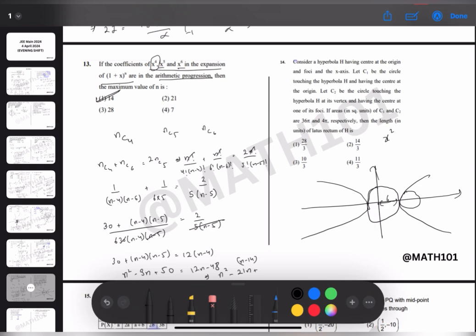The equation is x square by a square minus y square by b square equals 1, and a here is 6. This radius is 2, and the radius of the inner circle, that is 2, is equal to, sorry, not radius but a into 1 minus e. A is 6, which means 1 minus e equals 2 by 6, which gives e equals 2 by 3.